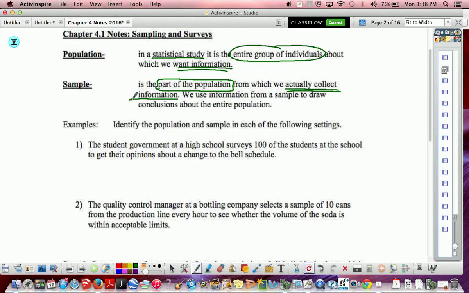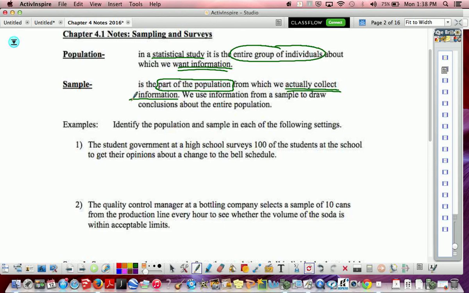So from our class, I might be looking at, all right, let's take a look at the gender and the age and what you ate for lunch. Might be some of the information I might be gathering. Okay? But I'm not going to necessarily gather it on the entire population. I might only ask 5 of you in some way, shape, or form. How I determine that? Well, we'll talk about some sampling techniques.